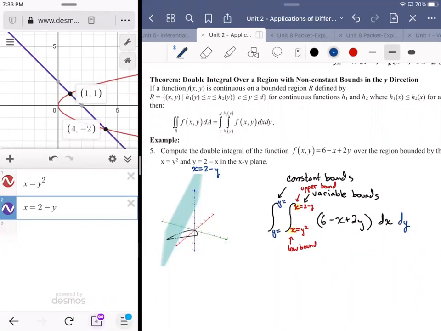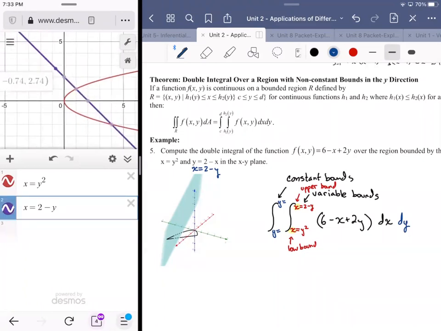If we restrict the graph so that it only exists between the parabola and the line, there are a lot of portions of the graph that exist between the parabola and the line. Anything up here, anything between these points, that's between parabola and line. I mean, it would be a negative distance, but it's still between the parabola and the line. Anything between here and here.